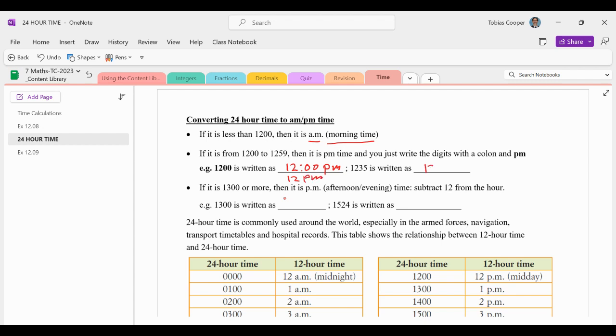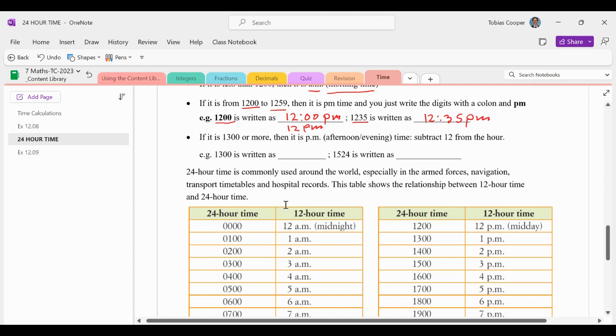12:35 is written as 12:35 PM. Okay, so this is saying it's 12 hours after midnight, and this is 12 hours and 35 after midnight. Okay, so this is for these times. Now, what if it is 13:00 or more? Then it is still PM time, and we subtract 12 from the hour.